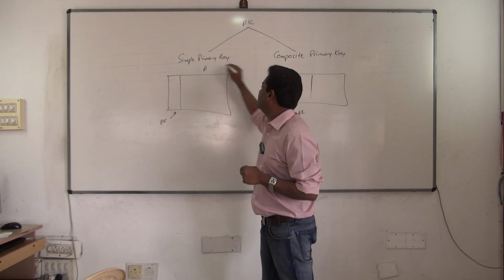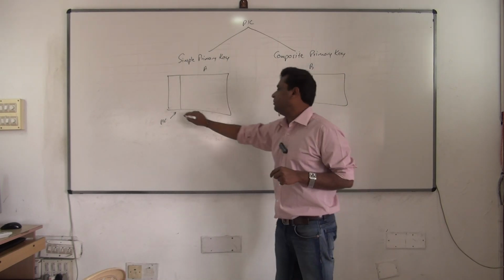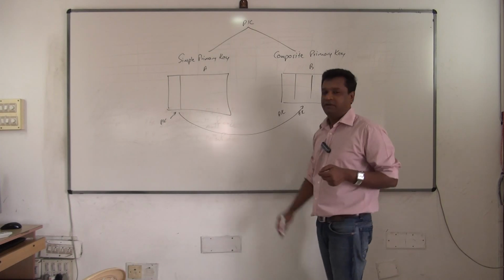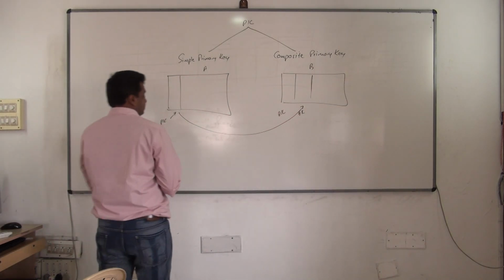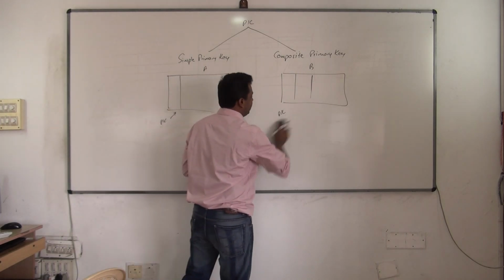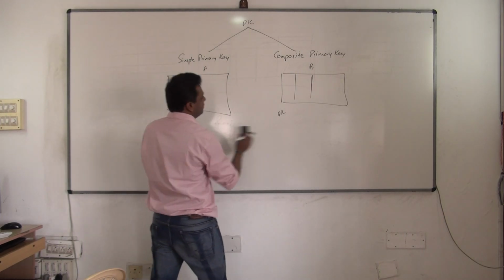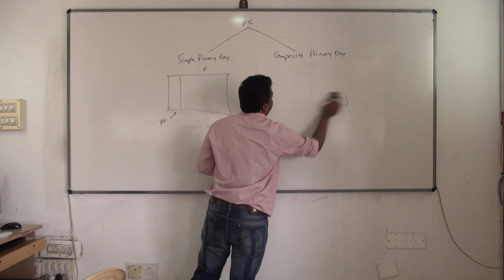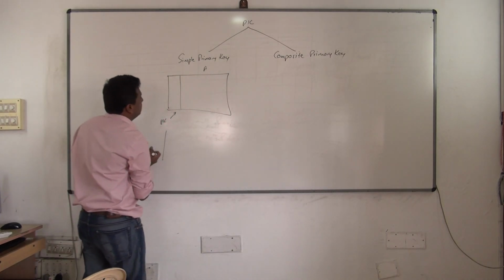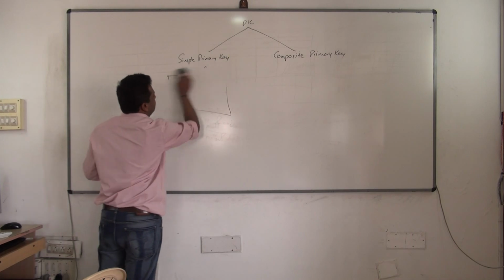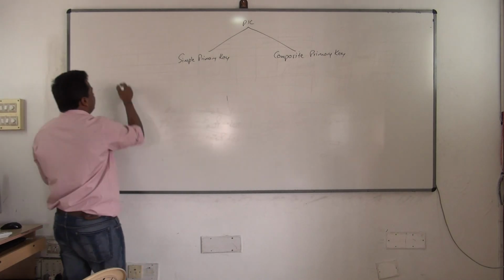If this is A table, this will be B table. So this is what you studied till now, and this is simple primary key. One second. I'll write it here because that will come to composite. This is an example for simple.